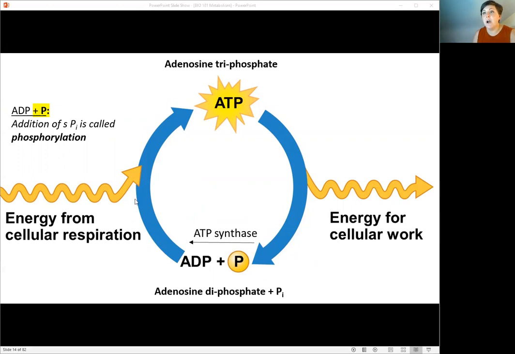However, we can recharge the ATP battery if we invest energy in recreating the bond between ADP and this phosphate. Anytime we add a phosphate group to something, it's called phosphorylation. Thus, when we attach a third phosphate group to the ADP to make ATP, we can call this process phosphorylation. Again, building bonds requires energy, and this includes building the bond between ADP and this phosphate.